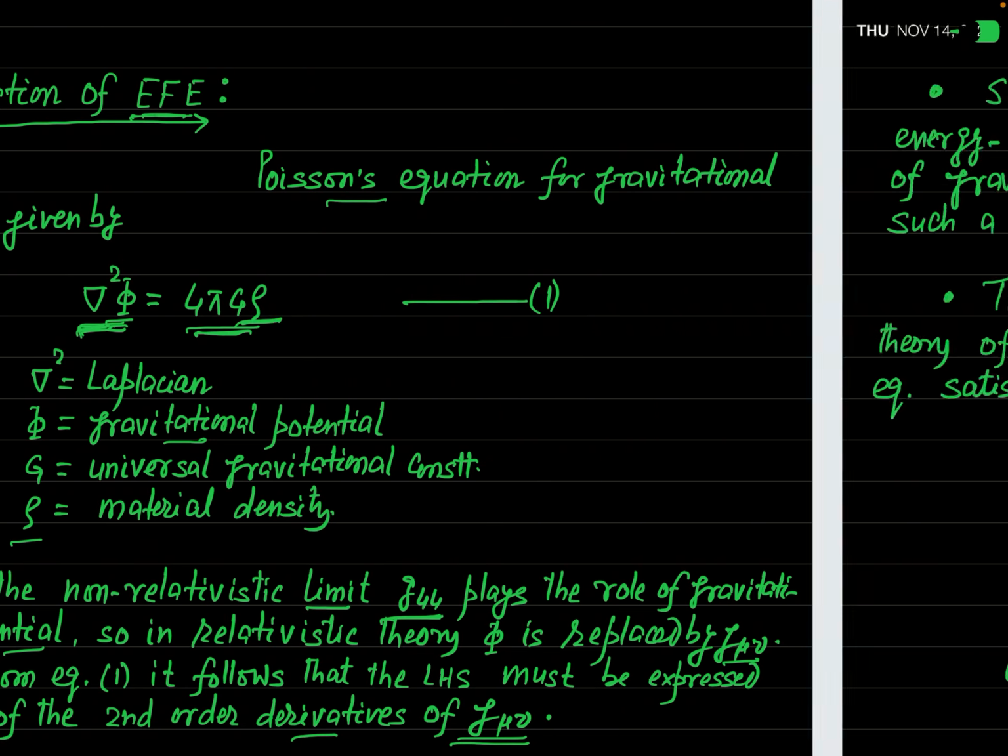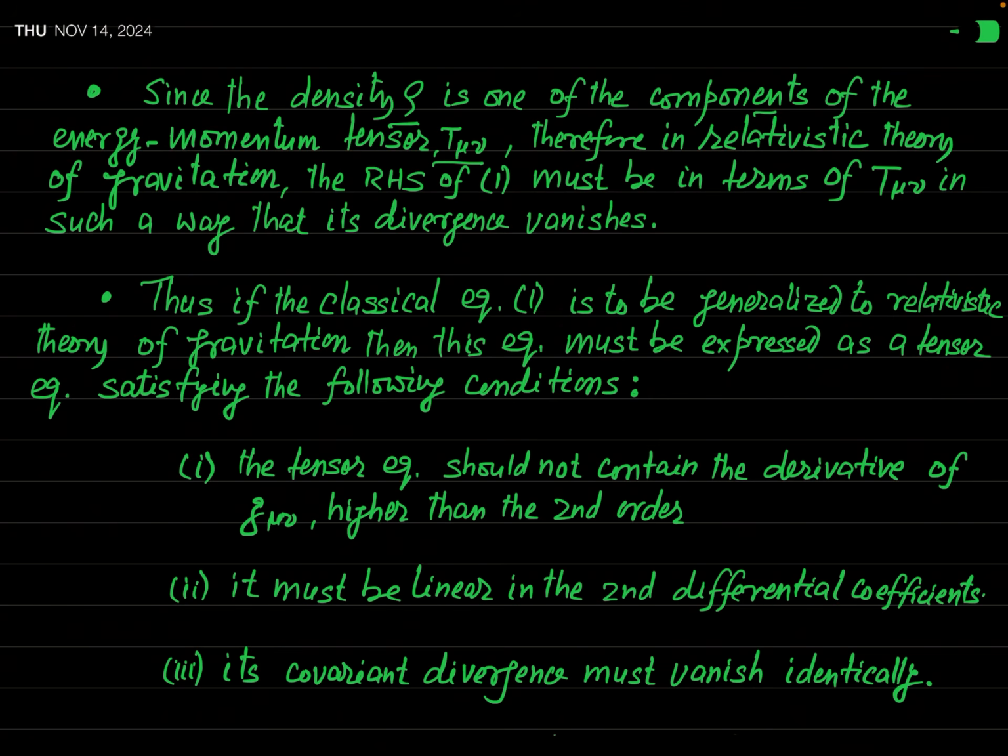This rho must be replaced by T mu nu. So I have mentioned here that in the relativistic theory of gravitation, the RHS of the equation must be in terms of T mu nu in such a way that its divergence vanishes. You know, the divergence of T mu nu is equal to 0.